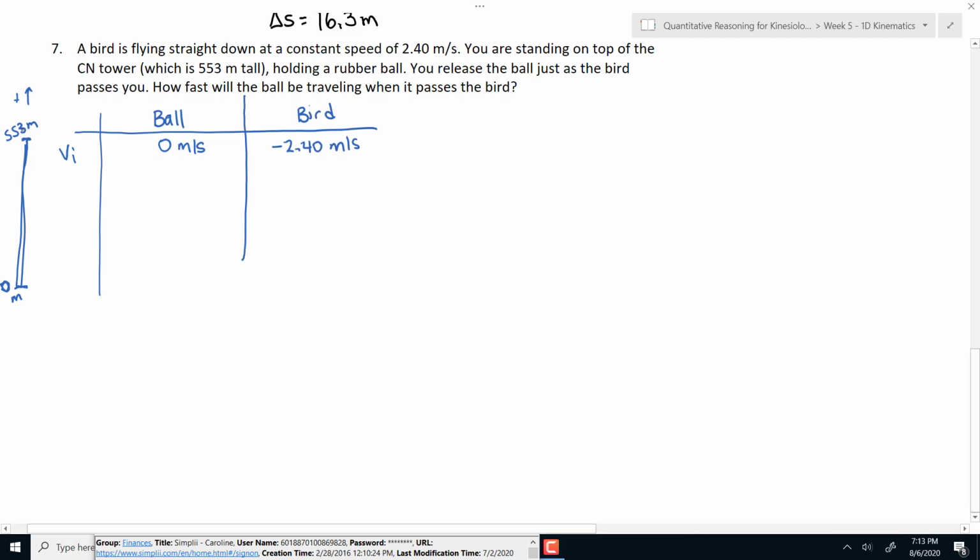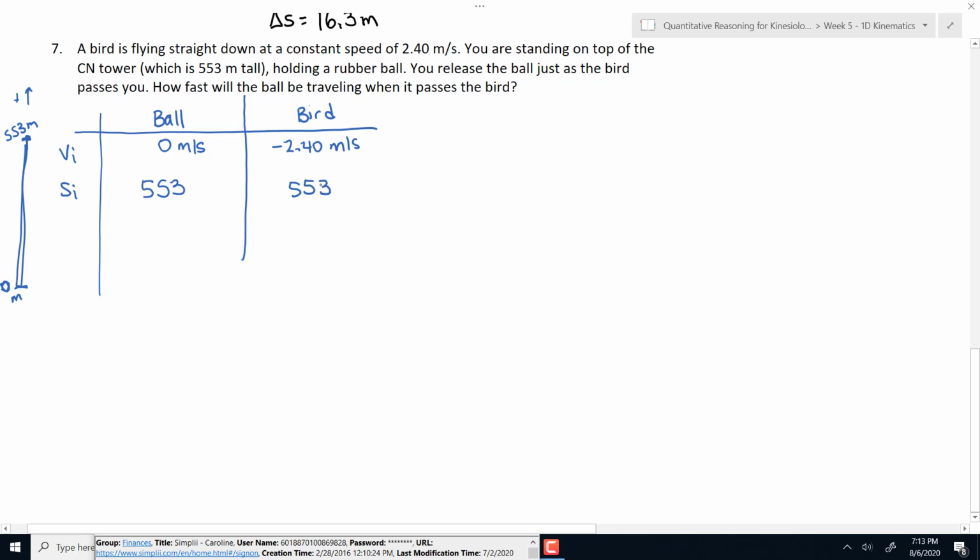You release it just as the bird passes you. Okay, so you're at the top here, so your initial position is 0, and we're talking about the ball because you're holding the ball, is 553 meters. And the bird's initial position is also 553 meters because it just passed you.